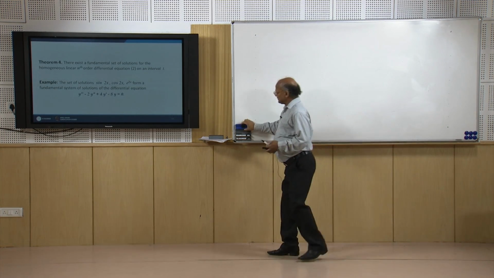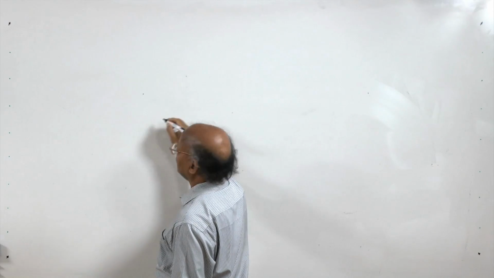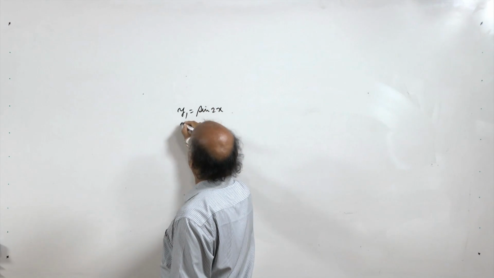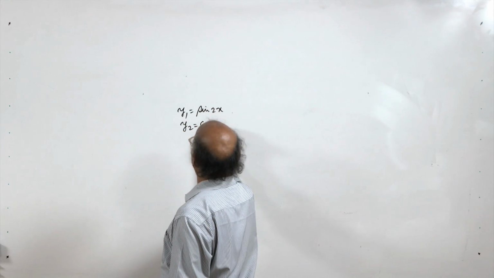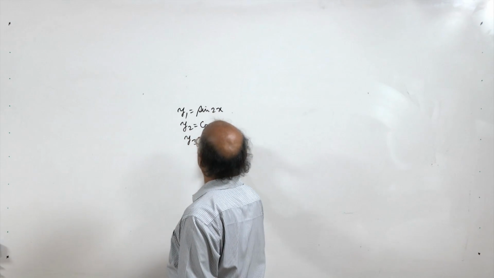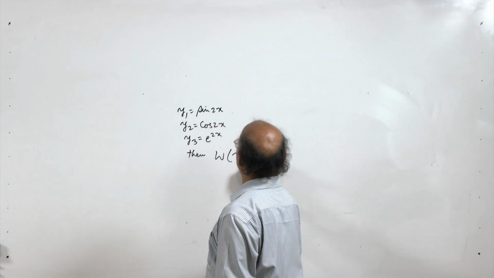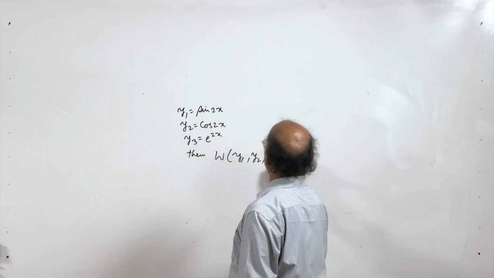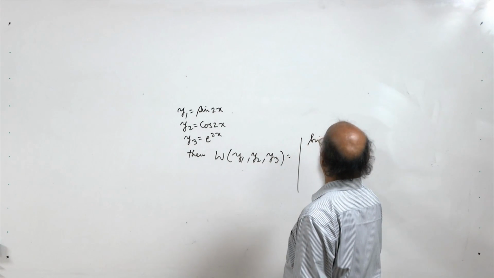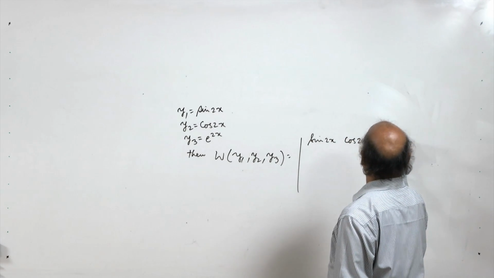Let the functions y1 be equal to sin 2x, y2 be equal to cos 2x, y3 be equal to e^(2x). Then W(y1, y2, y3) is equal to the determinant with first row sin 2x, cos 2x, e^(2x).